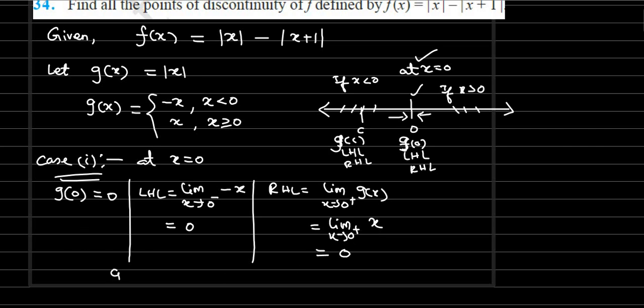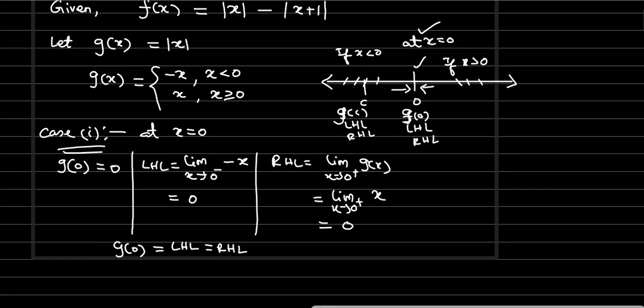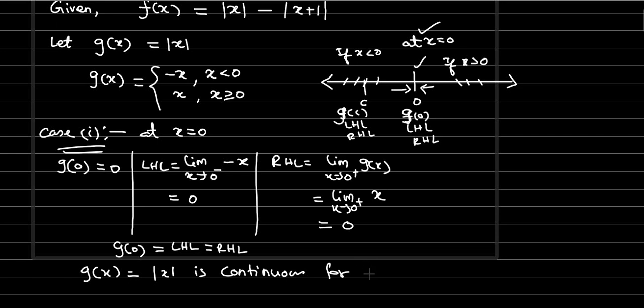Now what can we conclude from these results? g of 0, left hand limit and right hand limit are equal. So we can say that g of x, that is modulus of x, is continuous at x equal to 0.